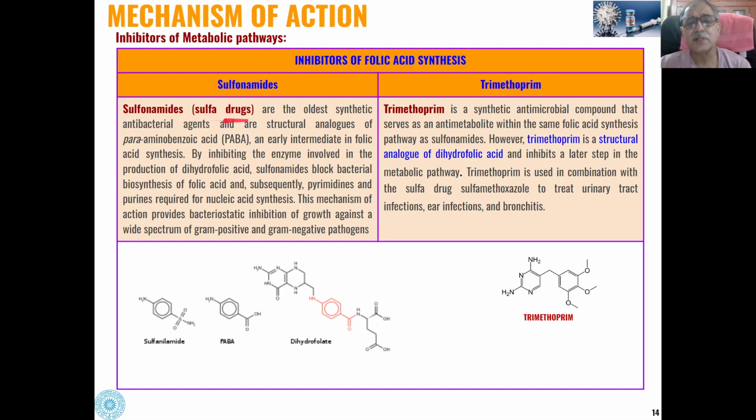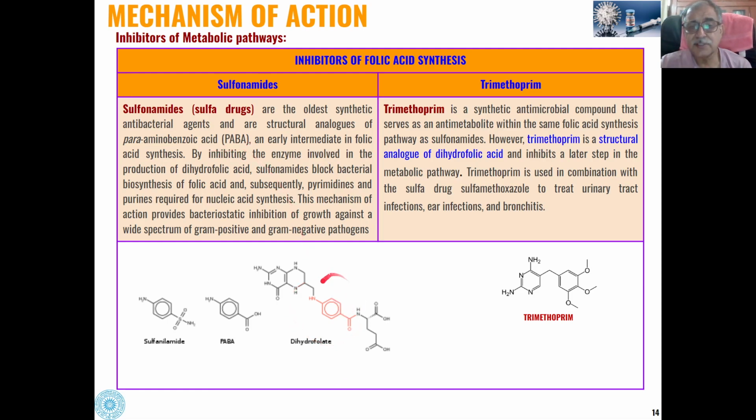Sulfonamides or sulfa drugs are the oldest antibacterial agents, and they are structurally similar to PABA, that is para-aminobenzoic acid. You can see over here, if we replace this carboxylic acid by a sulfonamide group, then we will get the sulfonamides or sulfa drugs.